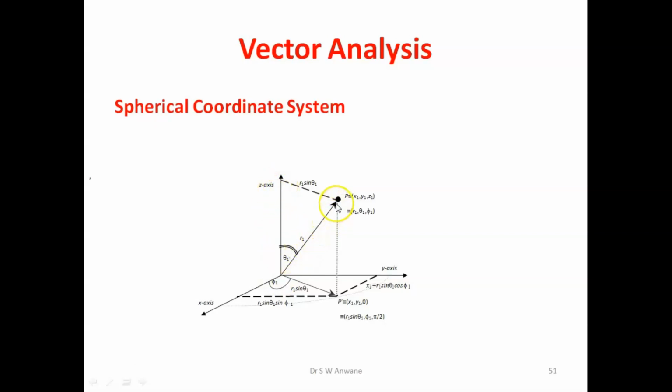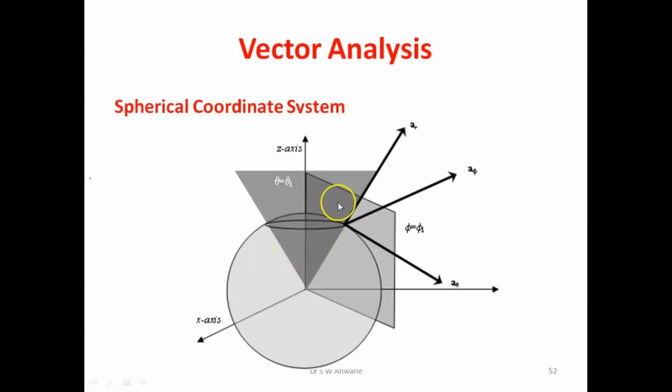So the locus of all those points which make an angle theta 1 with the z axis will be a cone. It will be a circle of radius r1 sin theta 1, and the complete locus of such position vectors will be a cone. So the second surface is represented by a cone theta equal to theta 1.